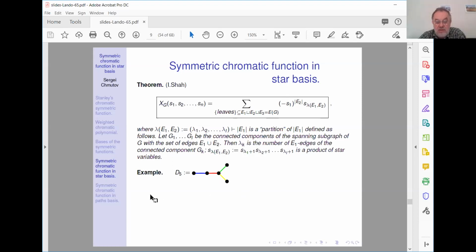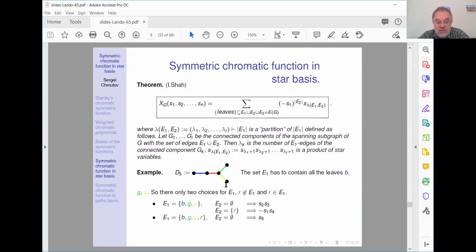And let me do an example, and I label the edges here by colors, just to sort them out. That is the Dynkin diagram of D5. And that is the graph for which I would like to apply this formula, the star basis.